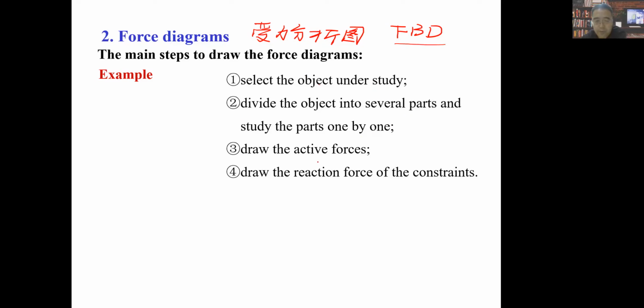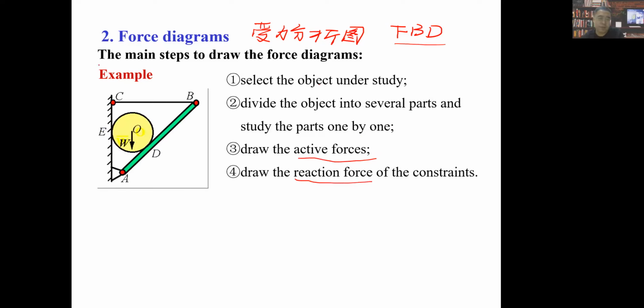Draw the active forces. We always draw the active forces first. Then, according to the type of constraints, draw the reaction forces of the constraints. Why? Because as I have mentioned, the reaction force's magnitude and direction are totally up to the active forces. So those are the 4 steps.